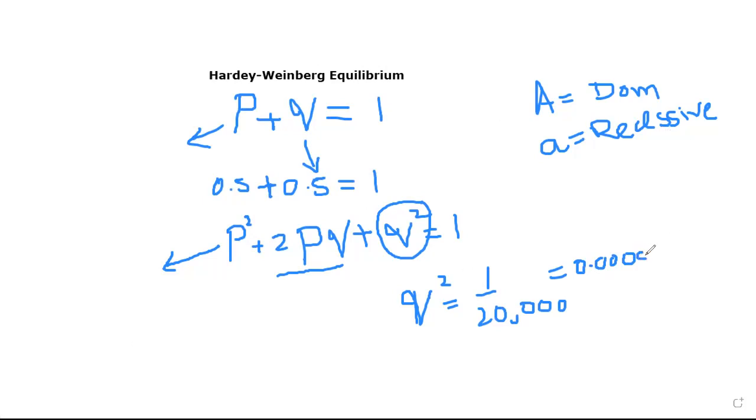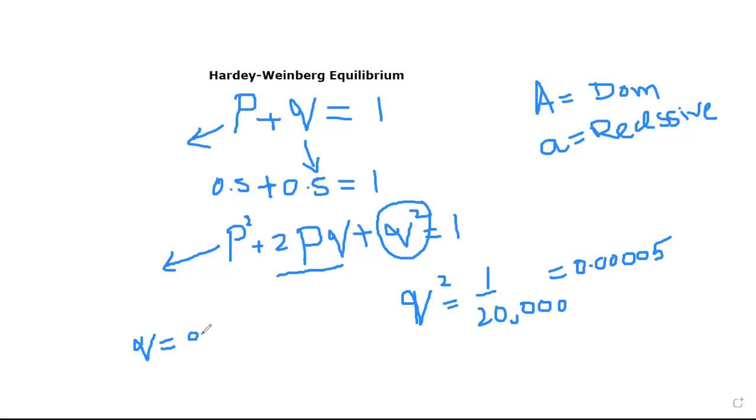If you want the q value, what will be the value of q now? You just do the square root, do it. Tell me the answer. Do you have a calculator with you or no?